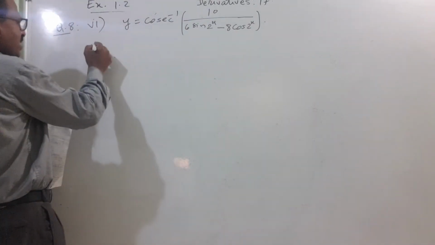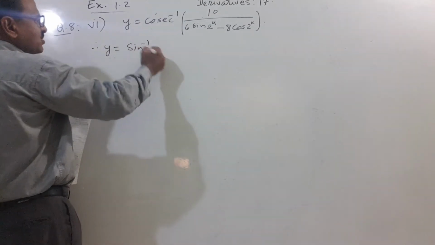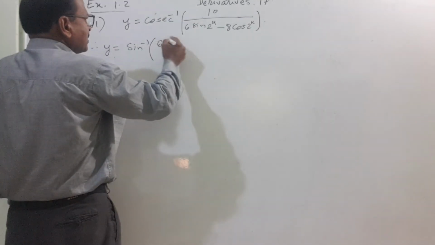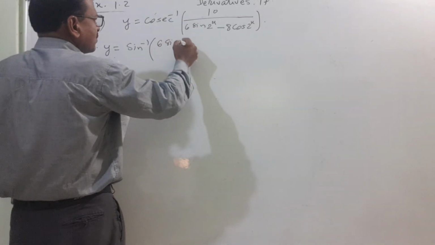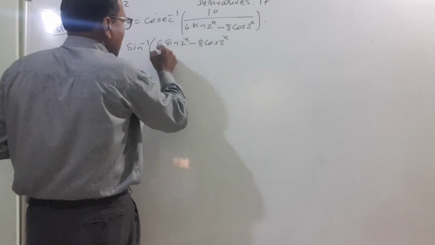The solution will be, therefore y is equal to sine inverse of, take this up, 6 sine of 2 raised to x minus 8 cos of 2 raised to x upon 10.